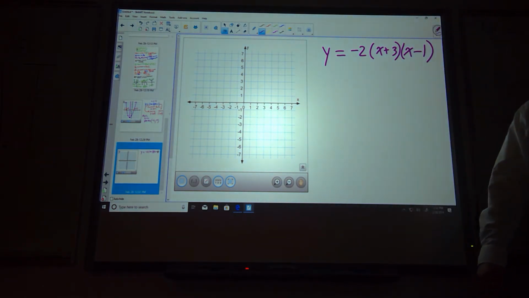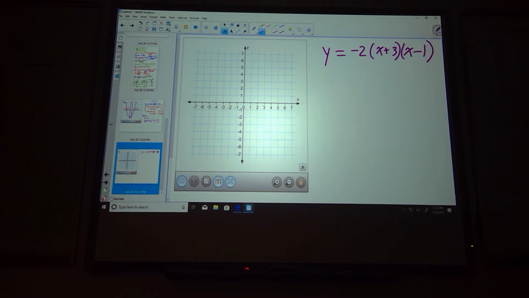And they'll be the same things. So is there something different about this one that's sticking out to you? Yeah. Negative 2 out front. That's going to change the pattern graph. That's also going to change the direction it opens. In your opinion, how is this going to open, up or down? Down. I got that negative out there.